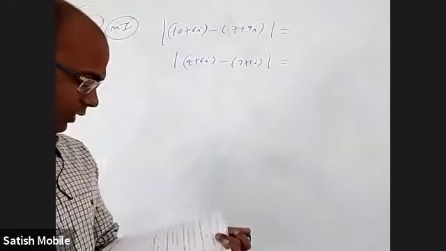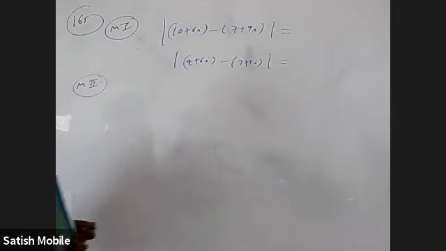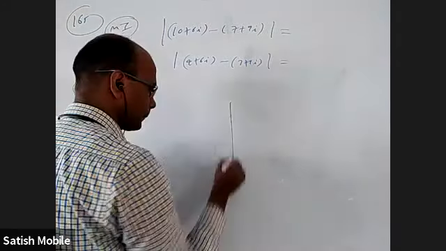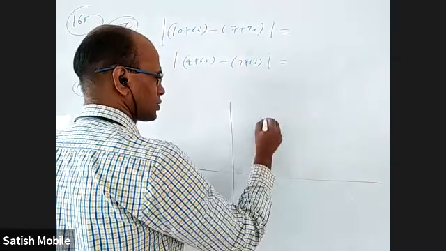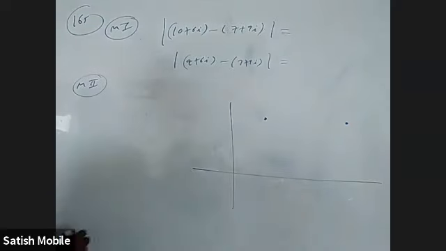I can try to do this from the figure itself, from 10 comma 6 and 4 comma 6, where they are. 4 comma 6 is here and 10 comma 6 is here. Okay.